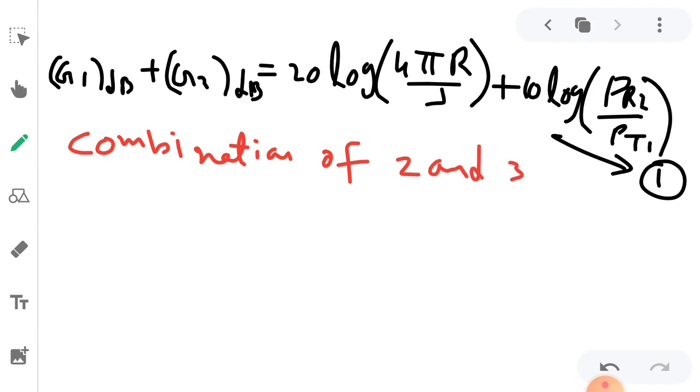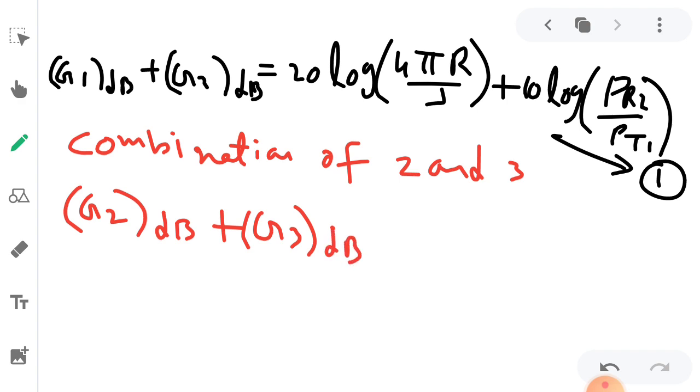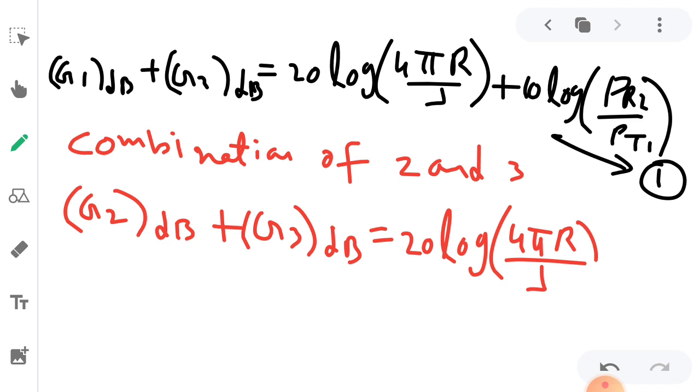Suppose you take antennas 2 and 3, one is the transmitter, another is the receiver. Combining antennas 2 and 3, we get G2 in decibels plus G3 in decibels is equal to 20 log of 4 pi r by lambda, plus 10 log of PR2 by PT3.